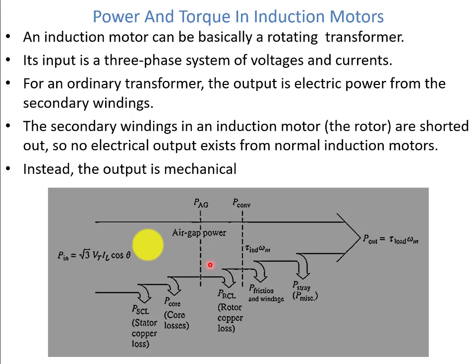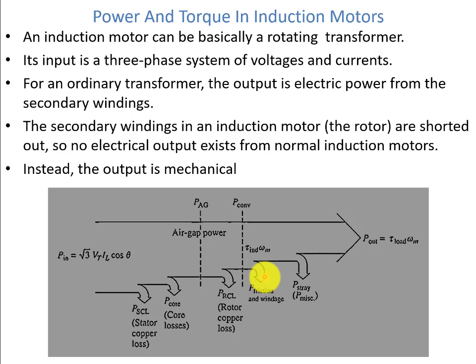Here we can see that we have this electrical input to the induction motor, and these are the stator copper losses and core losses which are on the stator, and then we have the transfer of power through the air gap, which we call the air gap power, and then it goes to the rotor copper losses, and then the power is converted into mechanical, which is induced torque times omega m, and then we have the friction and windage losses.